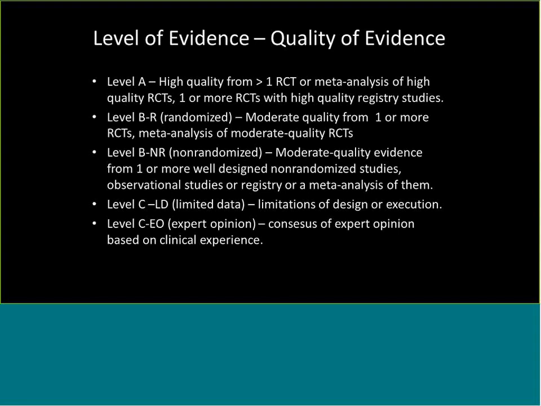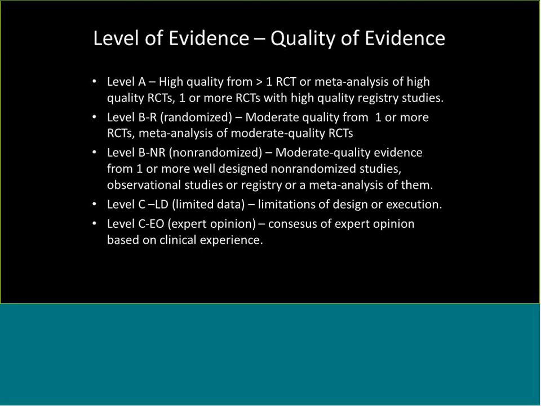For the level of evidence, level A is high quality evidence from more than one randomized control trial, meta-analysis of high quality RCTs, or high quality registry studies. Level B-R is randomized, moderate quality evidence from one or more trials or meta-analysis of moderate quality randomized control trials.